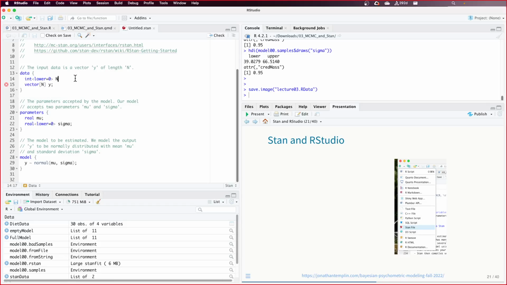So the parser expected a semicolon. So you put that back, save it, fix it. The nice thing about integrating Stan code with RStudio is that RStudio has a set of syntax highlighting tools that will tell you where your Stan code isn't coded the way it expects it to be.